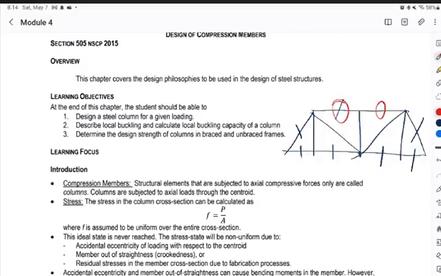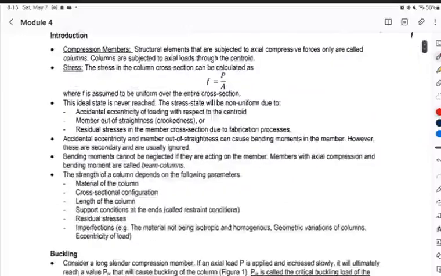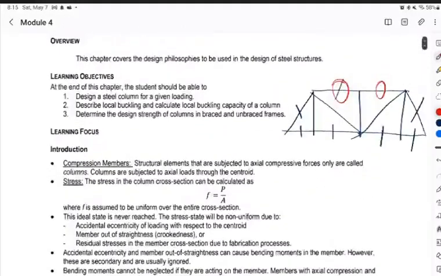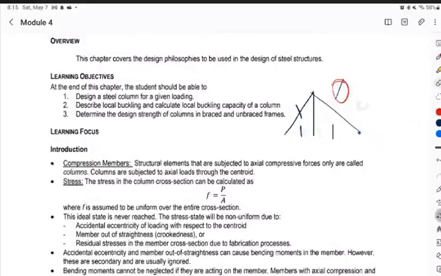When we design the compression members of our trusses, we use this module, the specifications stated in design for compression. And columns, of course. There are also other compression members that you will meet.